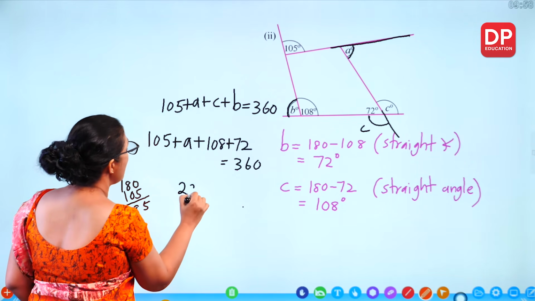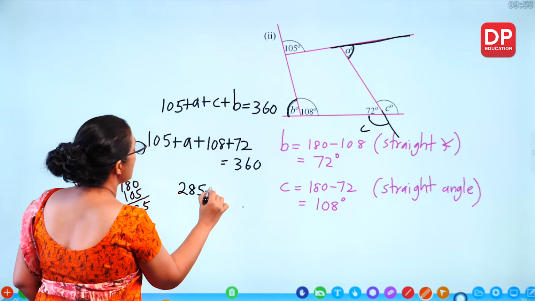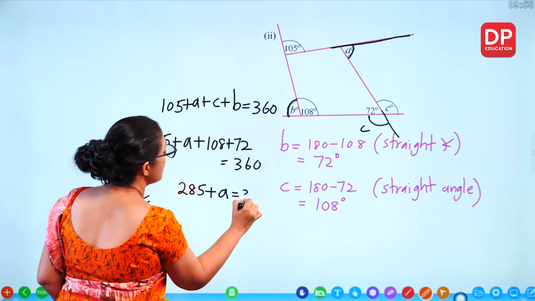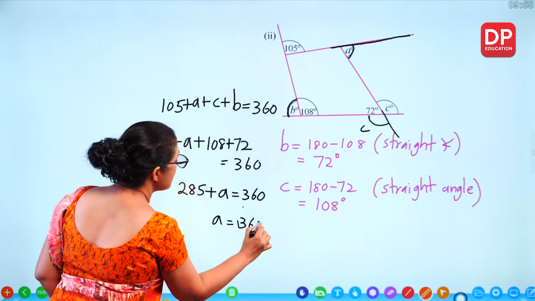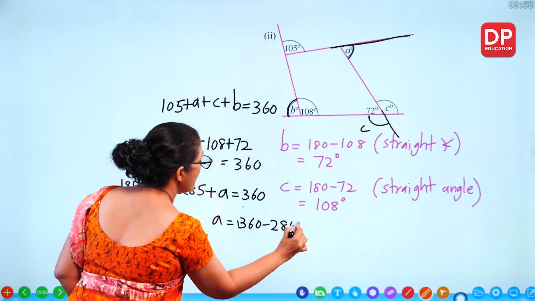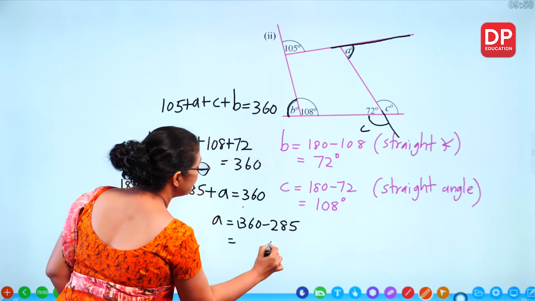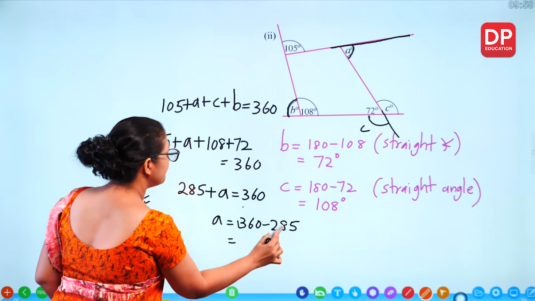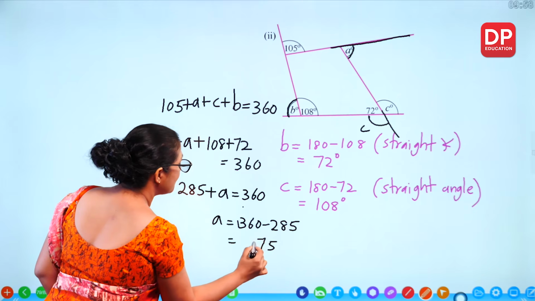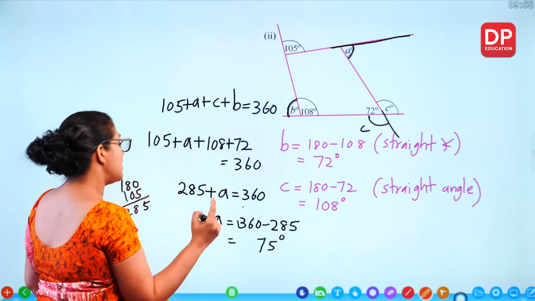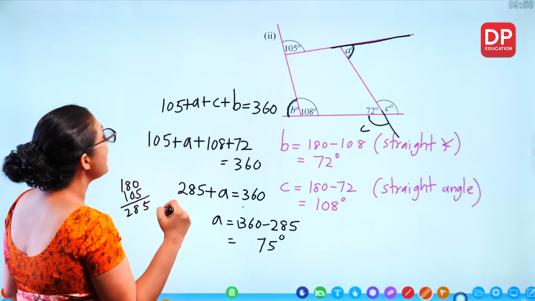So 285 plus A equals 360. So A equals 360 minus 285. So you get 75 degrees for A.